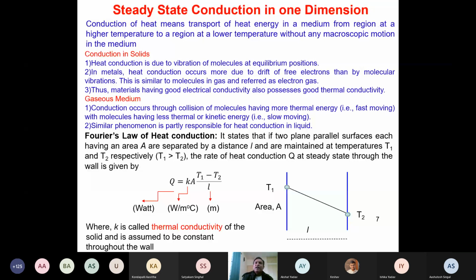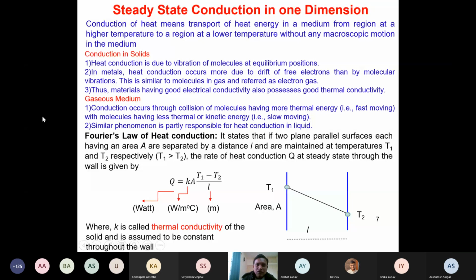So how is the heat conducted in the gaseous medium? The molecules with higher kinetic energy collide with the molecules with lower kinetic energy, and by doing that they transfer their kinetic energy to the molecules having less thermal or kinetic energy, and in this way the heat is exchanged between the molecules and eventually the heat is transferred from one location to another.